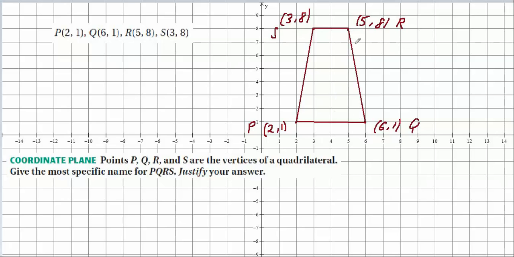Now these sides here, they certainly look congruent. But how do we check? Well, we check the diagonals. If the diagonals turn out to be congruent, then we have an isosceles trapezoid, or a rectangle or a square. But this is not a rectangle or a square. We could easily show that we don't have 90-degree angles here.